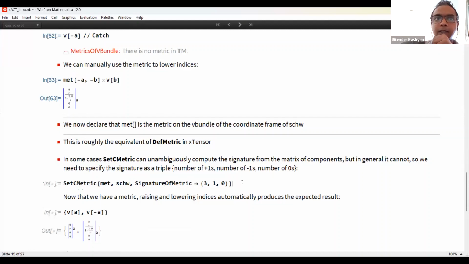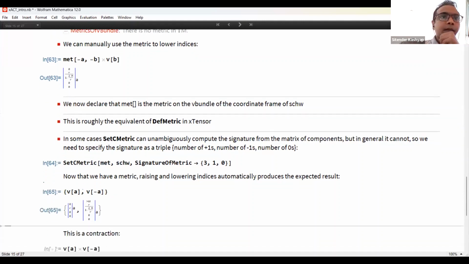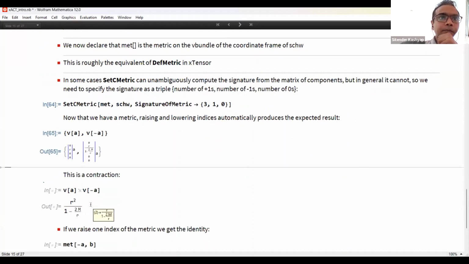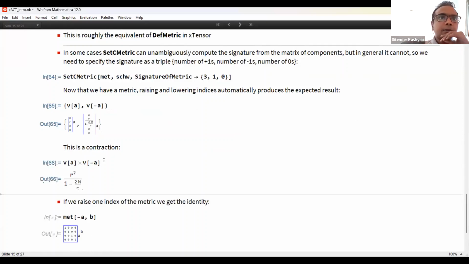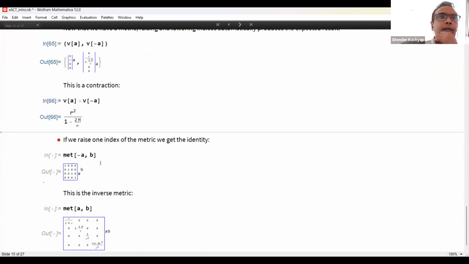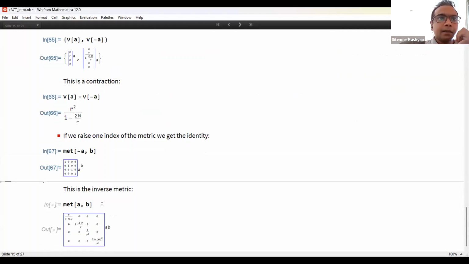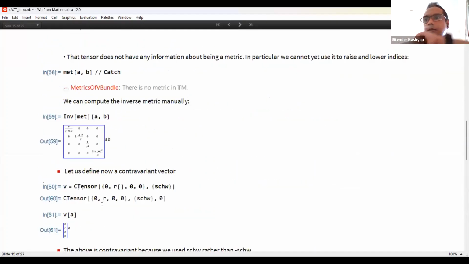So once we do that, now it will recognize that MET is indeed a metric. And so you see what is happening. Earlier it was complaining that there is no metric. So it was not giving the answer for this, but now it is doing that. Okay. So similarly, we can do a contraction, we can get a scalar. And this time, this MET minus A essentially is identity. And the inverse metric, all of it is working now.